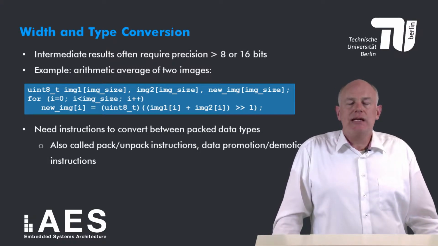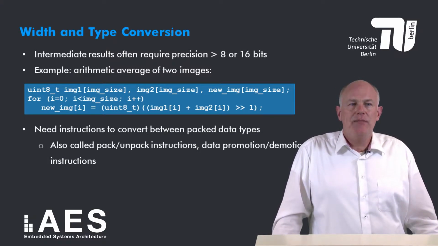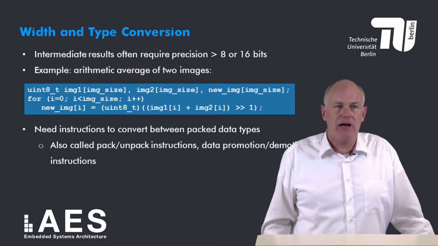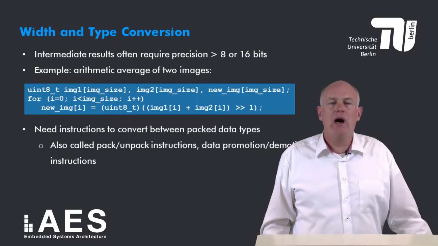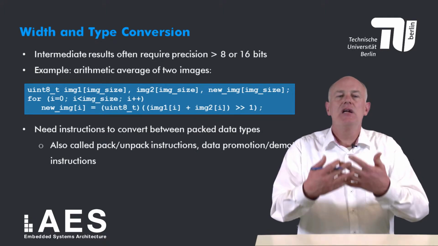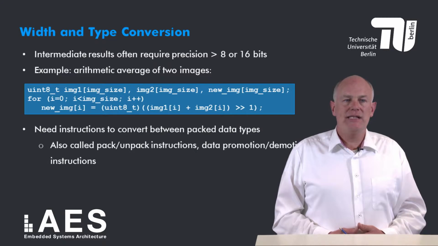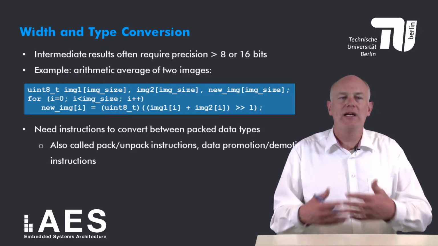This brings me to the next topic in this lesson, namely the conversion between different packed data types. Intermediate results of computations often require a precision that is wider than the data type used to store data in memory.